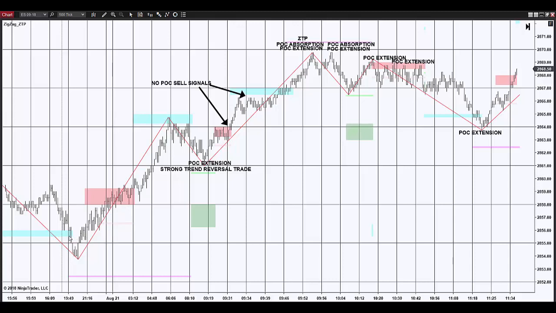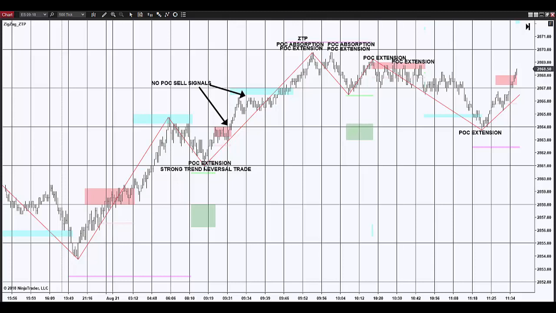In a strong trend reversal trade, we trade from the blue counter trend support down here to the blue counter trend resistance up here, and then we reverse to minor support, which is this small green line right here.